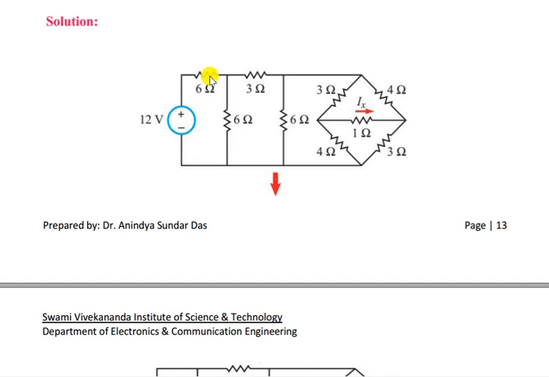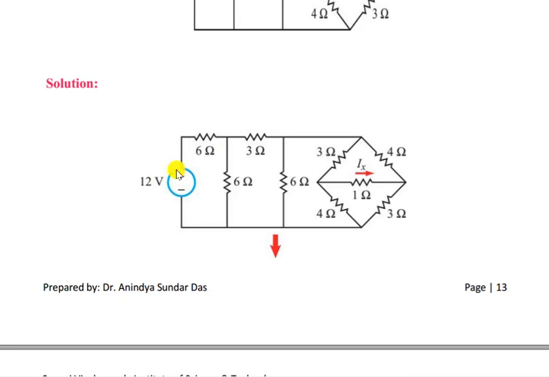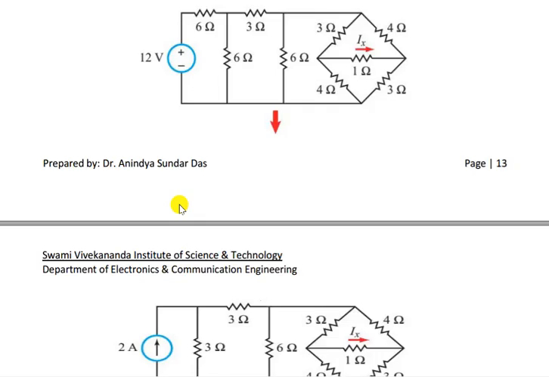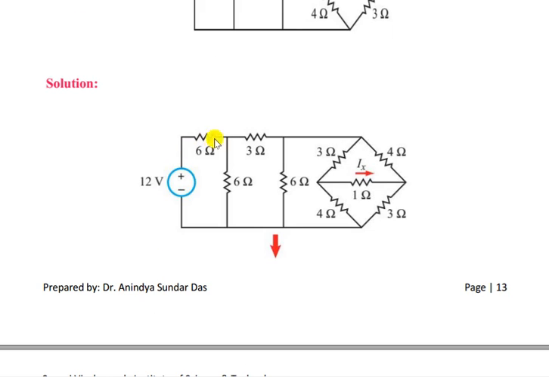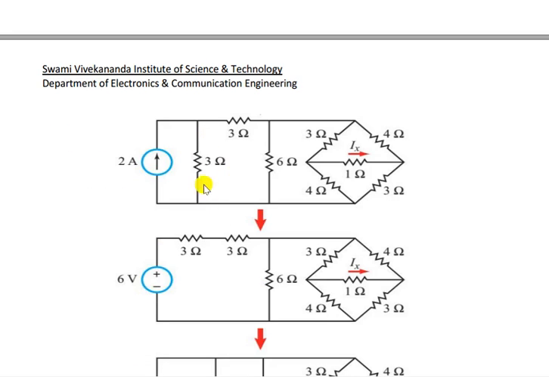This voltage source in series with resistance, so convert into current source. So that will be what? I equal to 12 V by R. So 12 by 6, that is 2. So 2 ampere current source in parallel with 6 ohm resistor, which is again parallel with 6 ohm. So two resistances of the same value in parallel become R by 2. So it becomes 3 ohm.